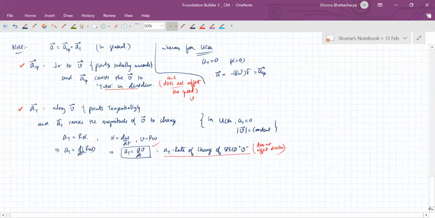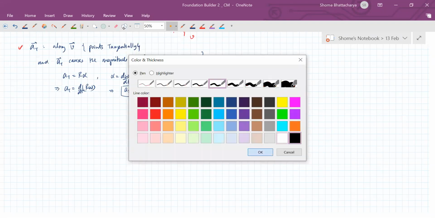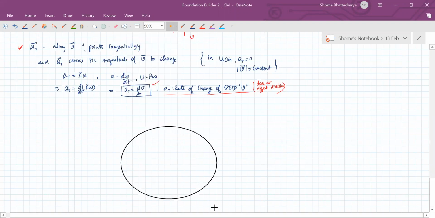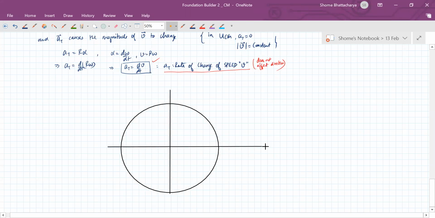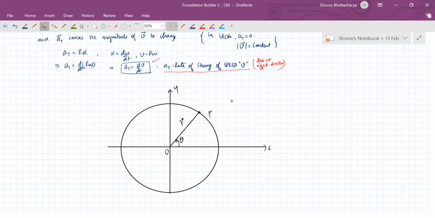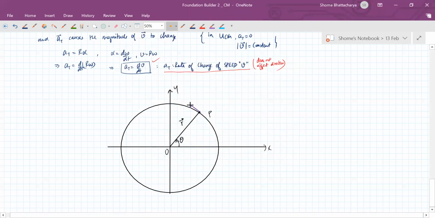Let's understand this in terms of a diagram also. In a non-uniform circular motion, if at some instant our particle is at this kind of angular position, then the two components of acceleration are this.